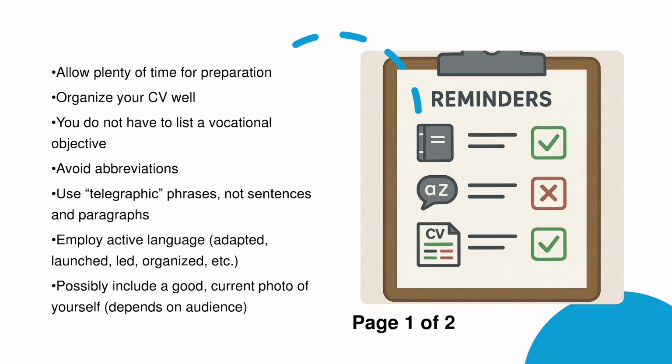You do not need to list a vocational objective unless you really want to. That would be getting more specific, and that might not be necessary. For instance, saying that I want to become the senior pastor of this church someday. Maybe don't list that, especially if you're not applying for that position, all right?